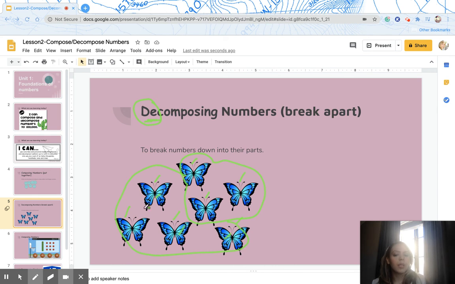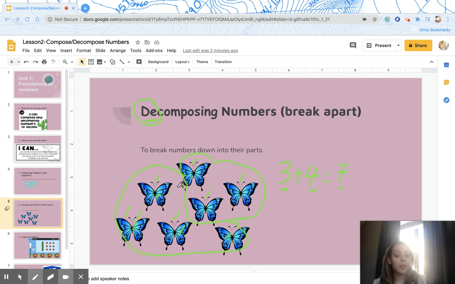If we look at this, we have 2 groups, one group of 3 butterflies and another group of 4 butterflies. If we add them together, this gives us a group of 7 butterflies. So this is how I was able to take a group of 3 and a group of 4 to give me a group of 7.